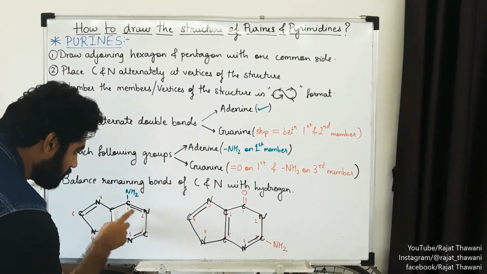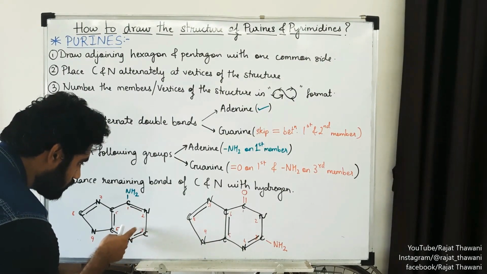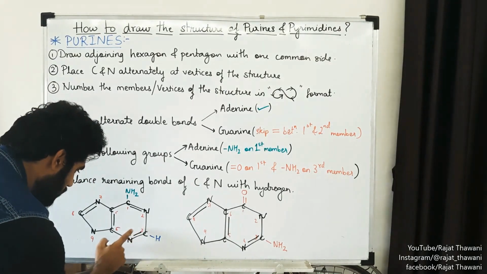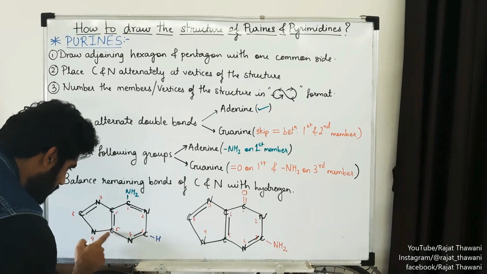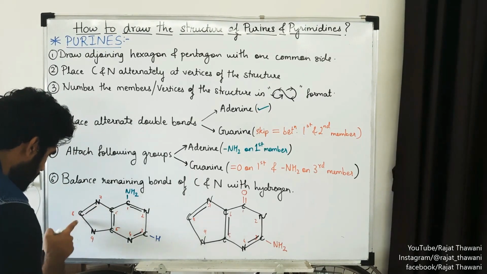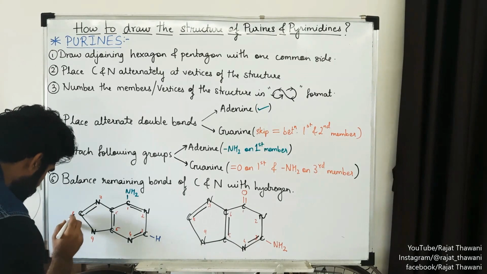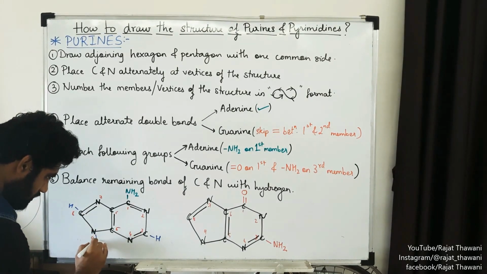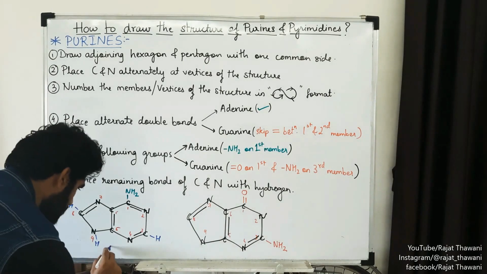See, this has 4 bonds, this has 3 bonds, again 1, 2, 3, so this will have a hydrogen. This carbon has 1, 2, 3, 4, this also has 1, 2, 3, 4. Carbon, nitrogen 1, 2, 3. Carbon 1, 2, 3, so this will have a fourth hydrogen. Nitrogen 1, 2, 3.